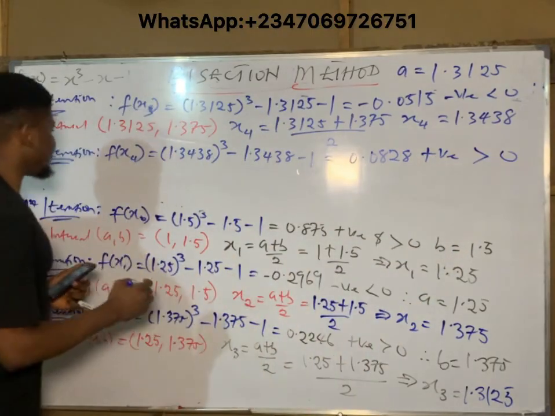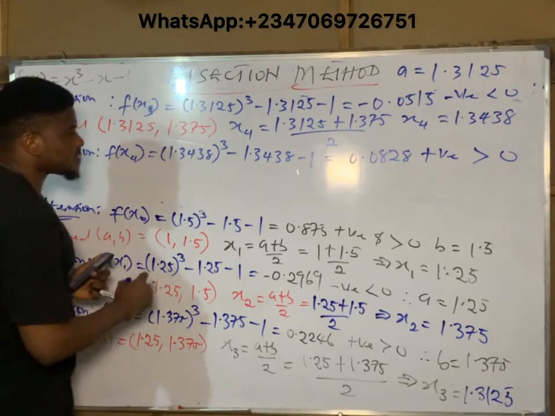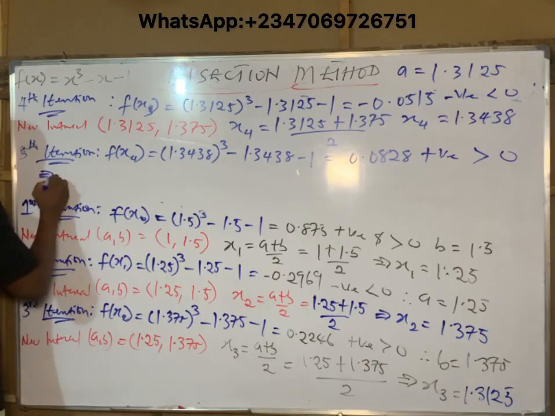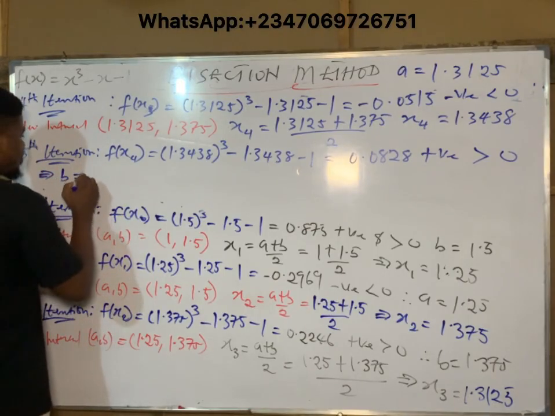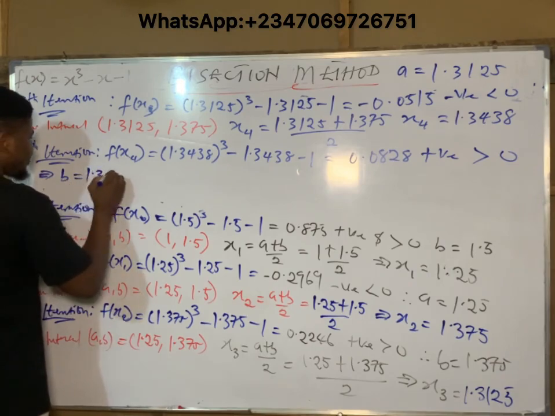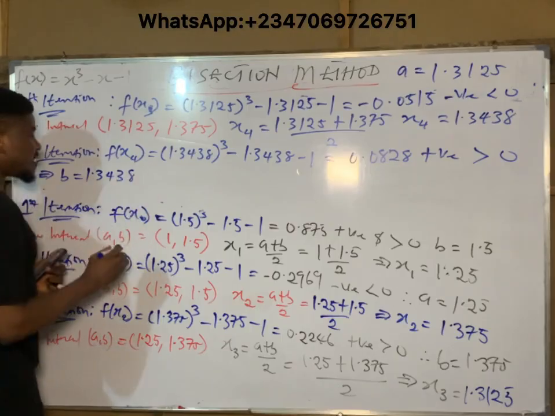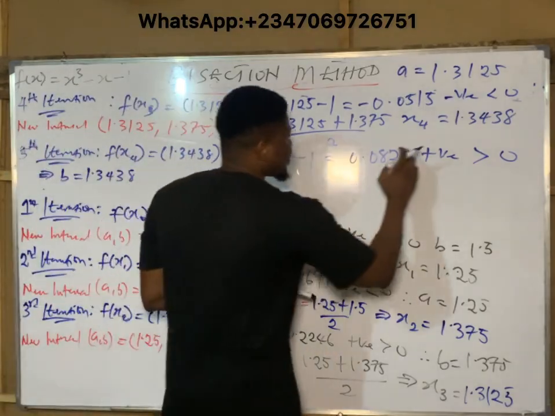So if it is positive, this simply implies that b is equal to 1.3438. The value that causes the function to be positive becomes b.